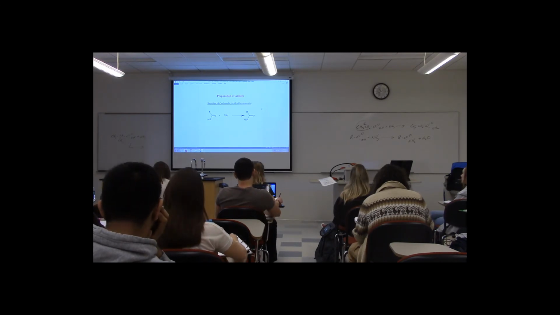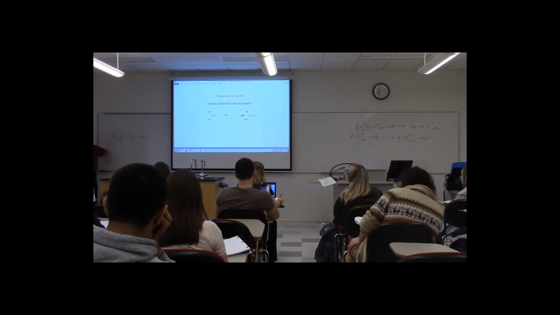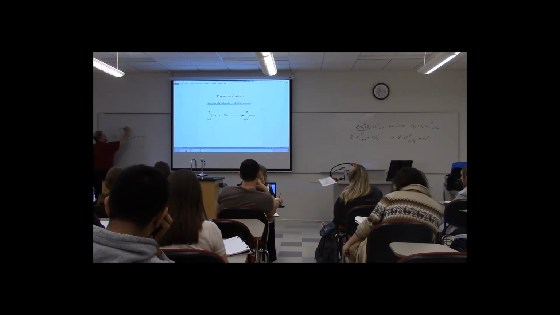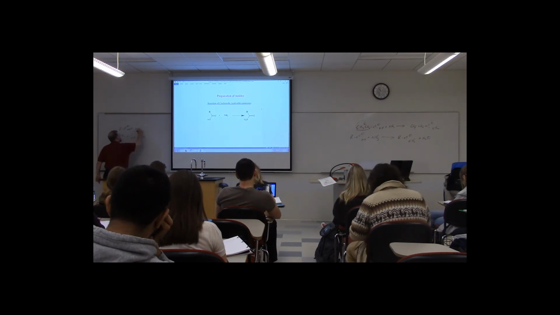Carbons just went down. If I look at this and say, what functional group am I dealing with? What's different? Carbonyl hydroxyl group, carboxylic acid. Ooh, ammonia. What do you get? An amide.